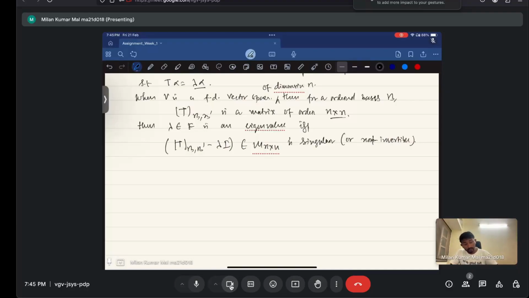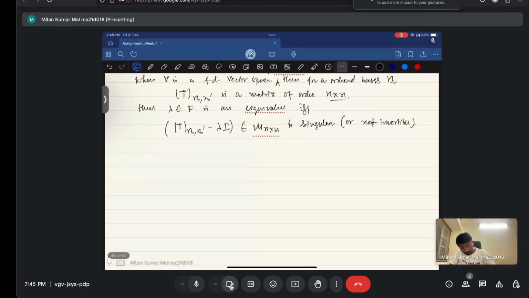That is equivalent to the fact that the determinant of this matrix minus lambda I is equal to 0.